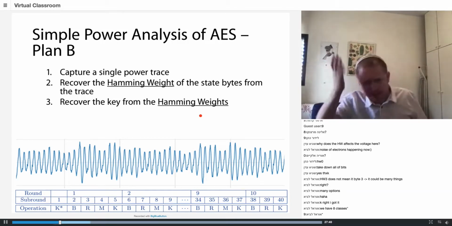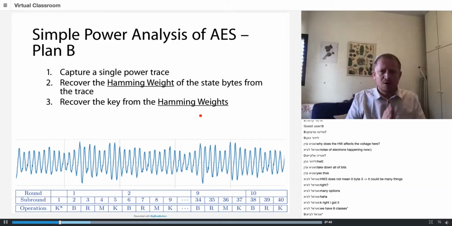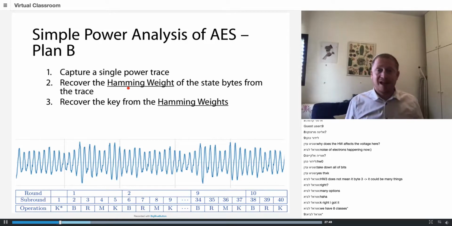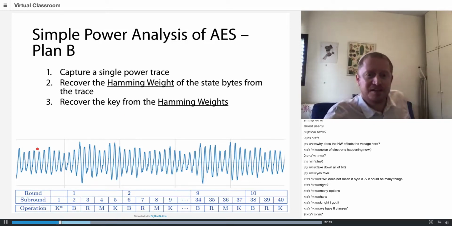So let's talk about this step, getting the Hamming weight of the state byte from the trace. This is our input, and we have an output. The output is an array of 40 times 16.